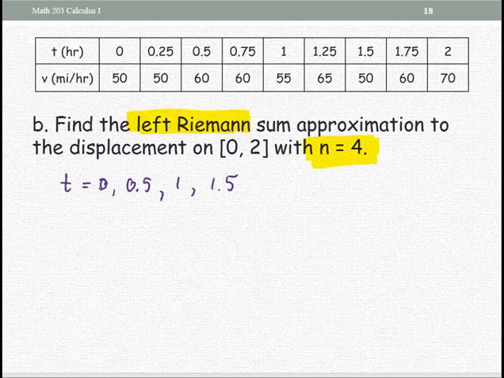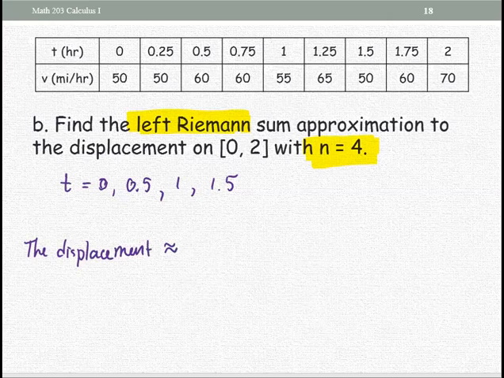Then the approximation of the displacement. So the displacement is approximately equal to the sum of the velocity at the points that we listed, multiplied by the width or the delta t, or the change in time.